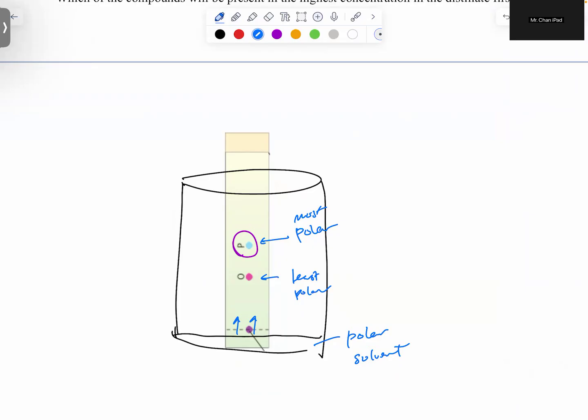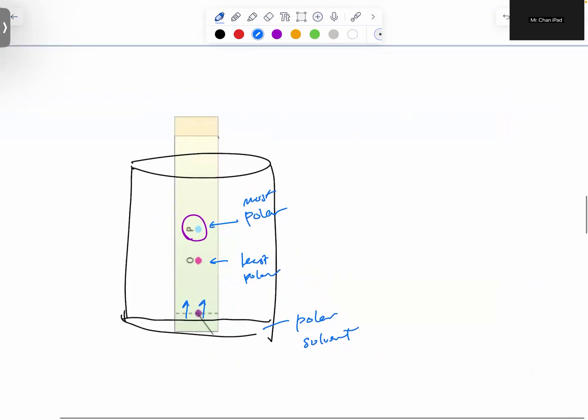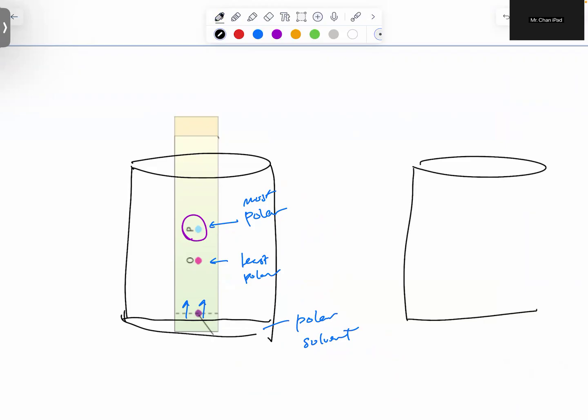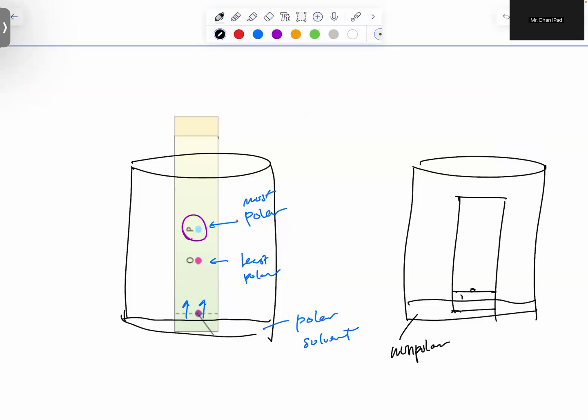You may choose a polar or non-polar solvent, and then one thing I could also switch up is to say, hey, this is the setting when you have a polar solvent. Now I'm going to change the solvent to a non-polar solvent. Can you explain what will be higher and what will be lower?